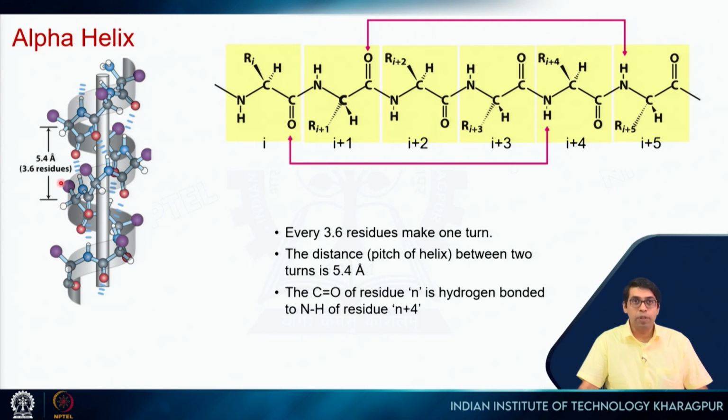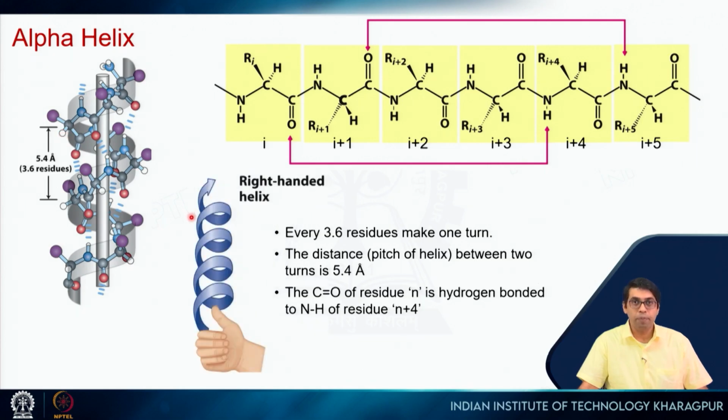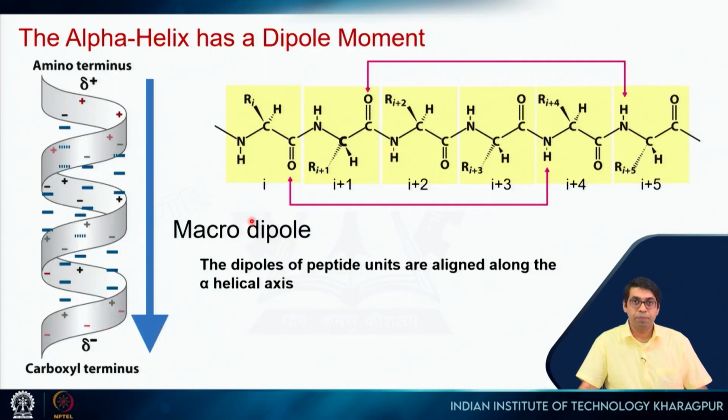If I measure it from here to here, it will be 5.4 angstrom. These are all right-handed helices. Most alpha helices are right-handed. Some can also be left-handed, and they occupy a different region in the Ramachandran plot.